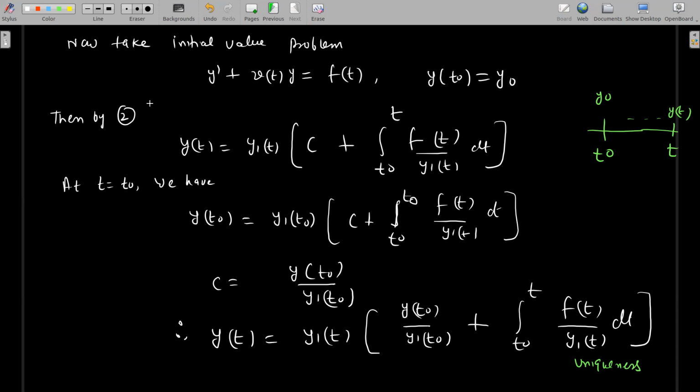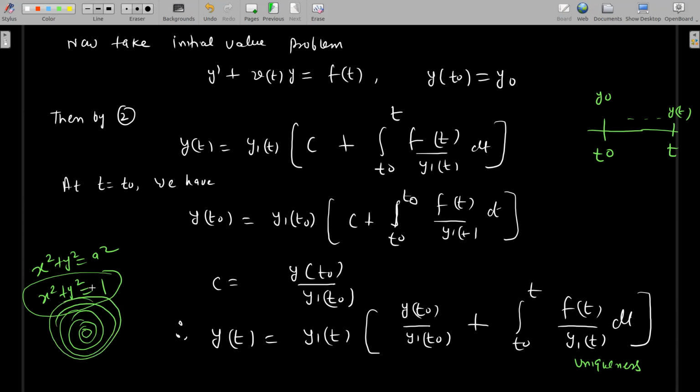Just as you say this is a family of circles, okay? If you take A equals to, let us say, 1, then this is a unique circle. If A is a parameter, you have concentric circles, many concentric circles. But if you fix the parameter A equals to 1, you get, let us say, this circle with radius 1.